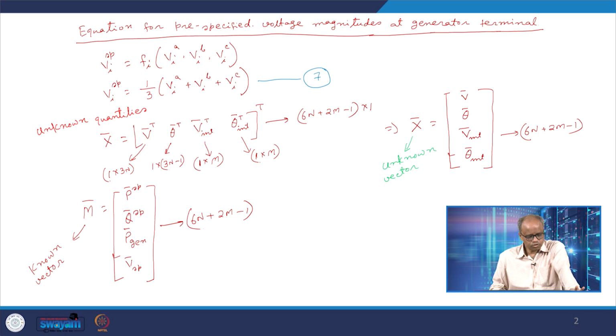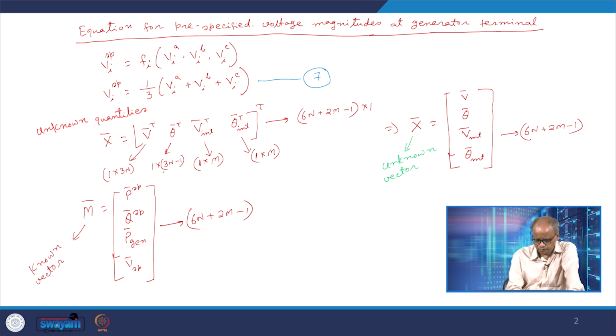Similarly, the known vector constitutes 4 different subvectors: P specified, Q specified, P generation, as well as the V specified. Now, we have not discussed their dimension.